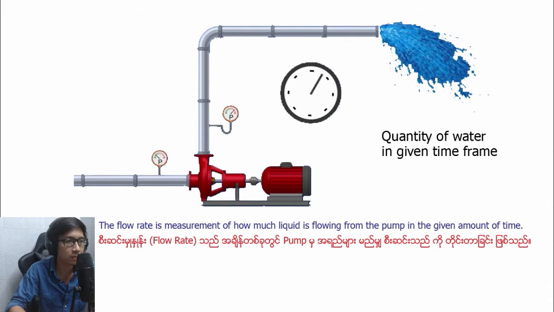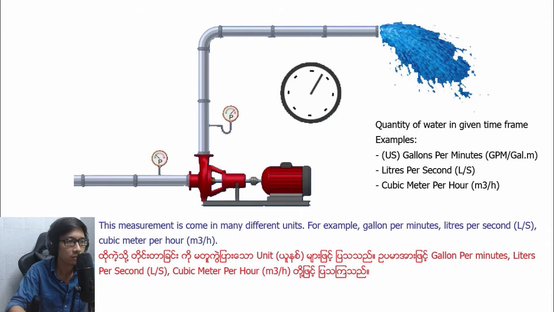The flow rate is a measurement of how much liquid is flowing from the pump in a given amount of time. This measurement comes in many different units, for example, gallons per minute, liters per second, cubic meters per hour.